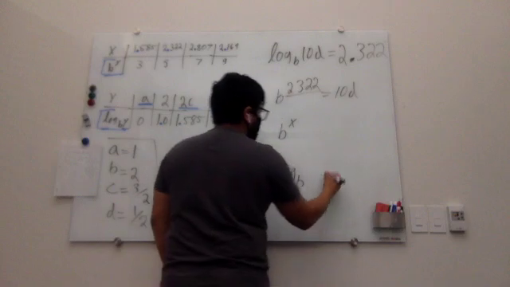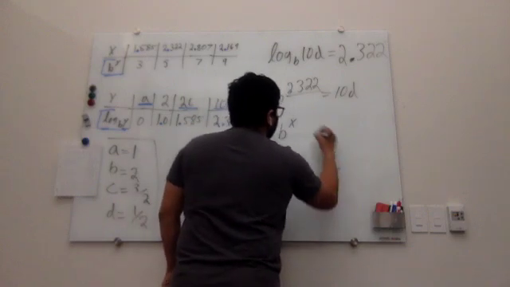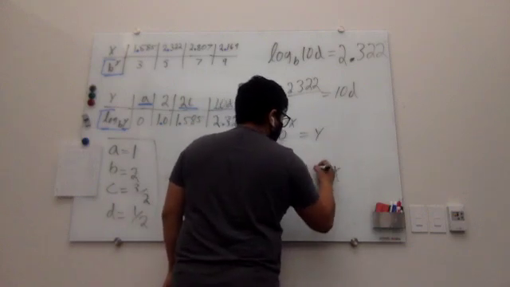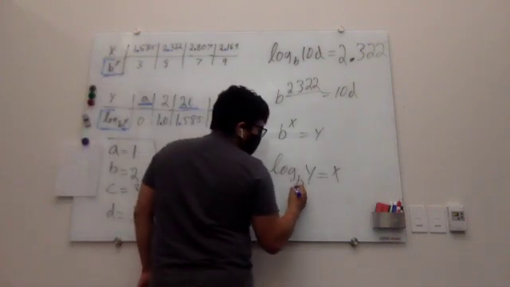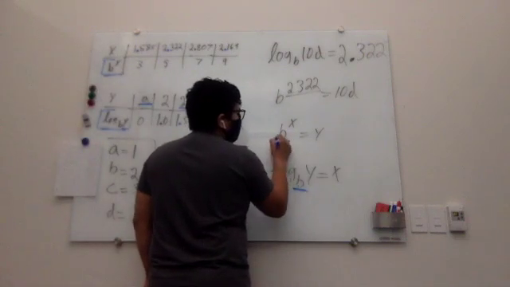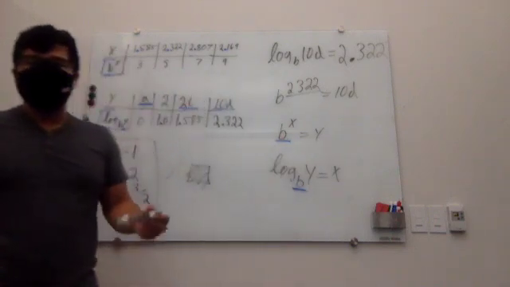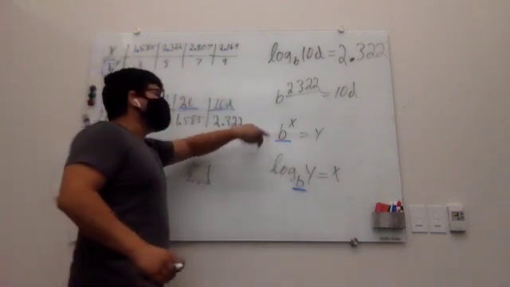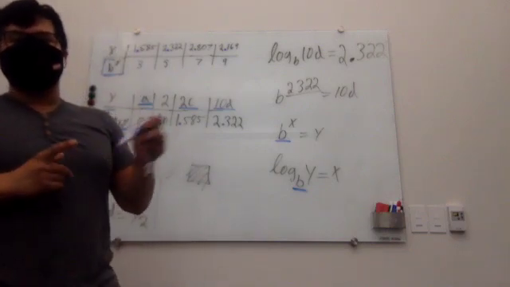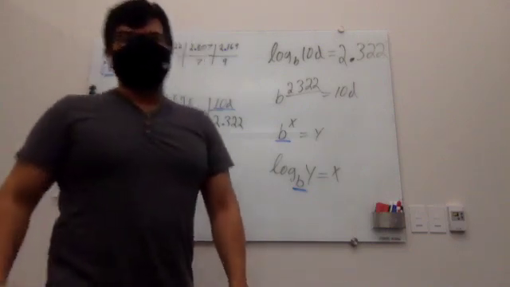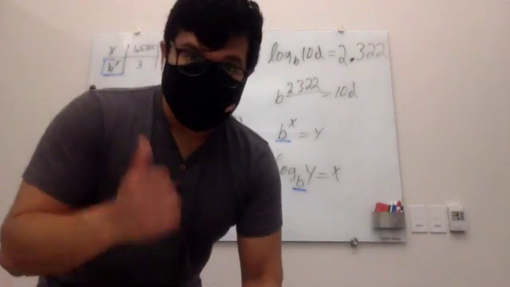Log base b equals x, in this case would be y. We need to make sure that these are the same. Using these as the same, we're able to build a relationship, build a correlation. We'll be good to go.